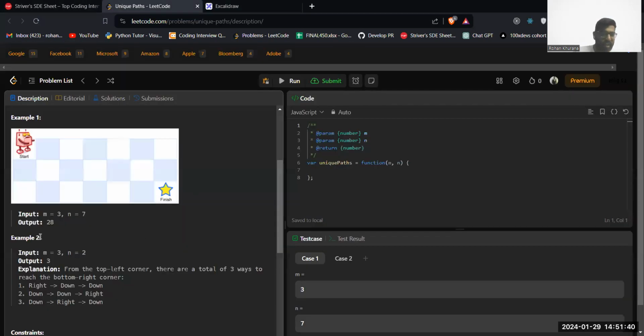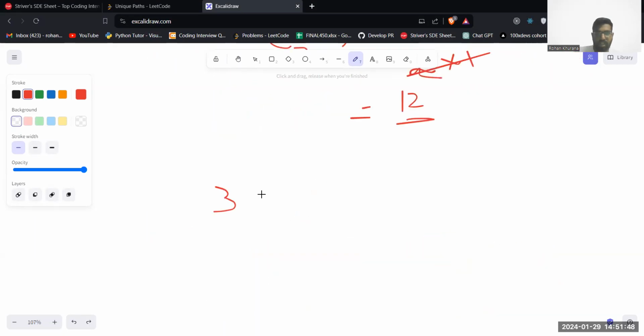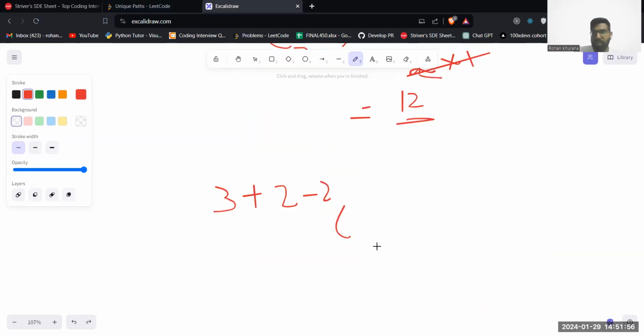If we take an example of 3 cross 2, let's just say. So 3 plus 2 minus 2, C, what is m given here? I'll take m, don't worry. So m is 3. So 3 minus 1 is 2.